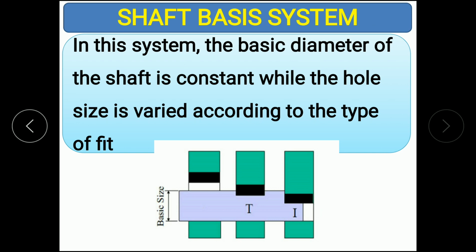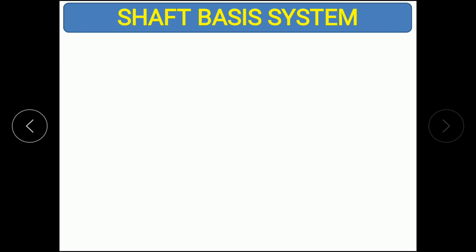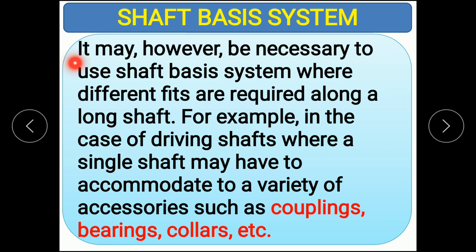Normally the shaft basis system is not preferred, but it may however be necessary to use it where different fits are required along a long shaft. Suppose you want to mount different parts on the same single shaft, then this type of fit system is preferred.